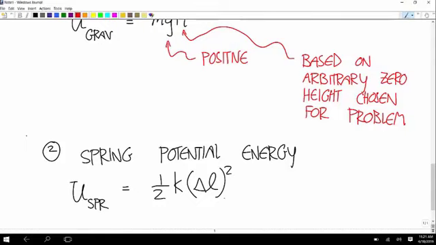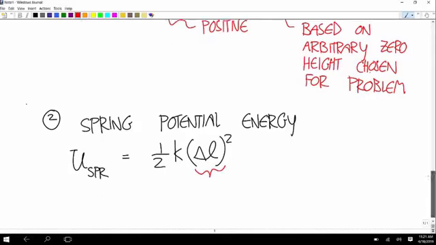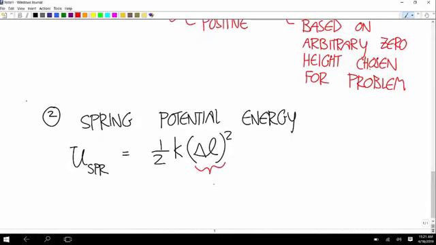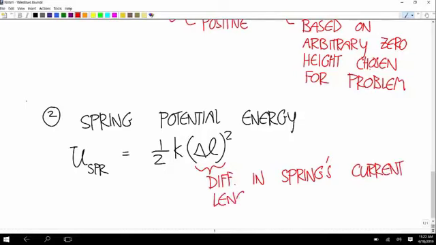This is the difference in the spring's current length from its resting length. How far it's stretched or compressed from its resting length.